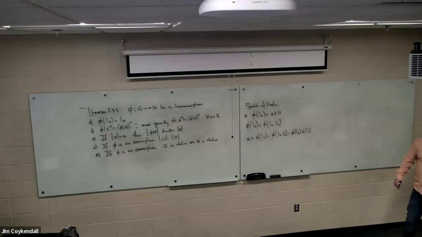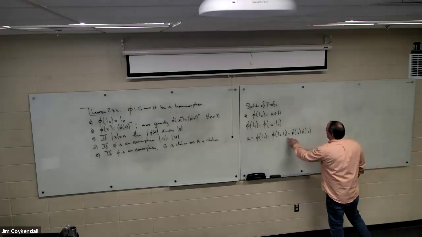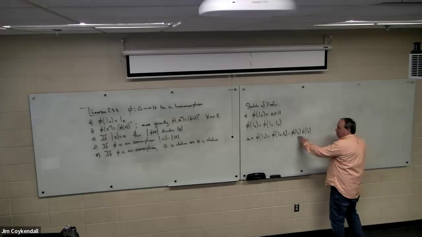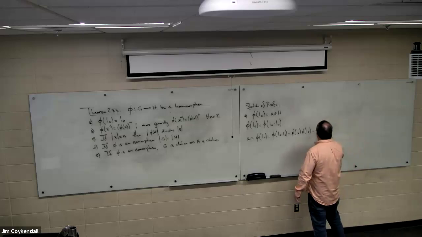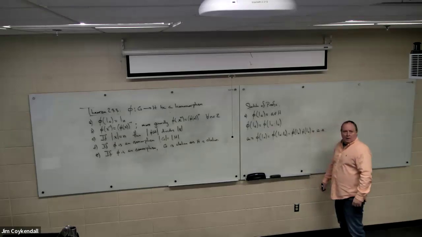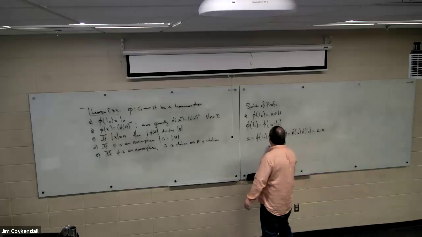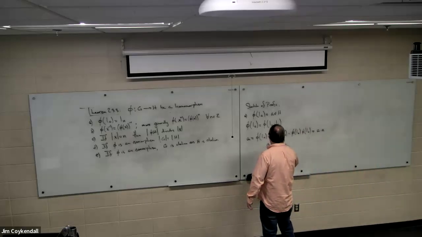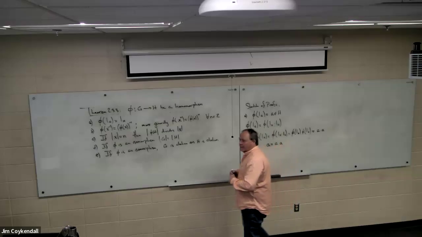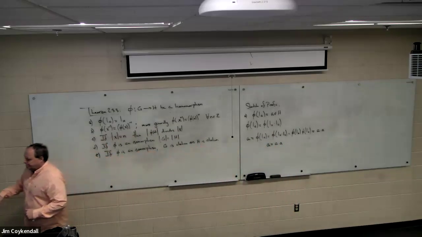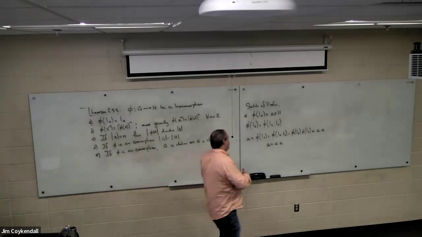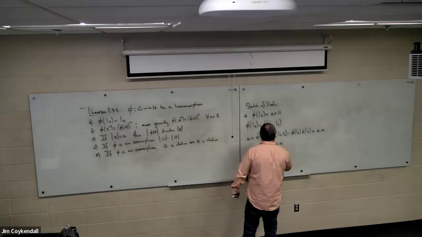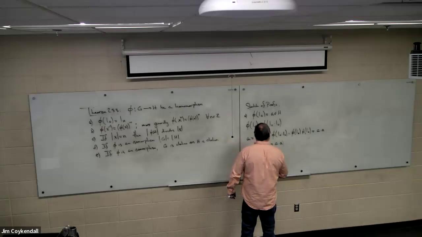That last step is because phi is a homomorphism, so I can break this up over the two elements here. And what is phi of 1G? It's A, and this is A. So I get the equation. And this is a group, so here's where I've got checkmate. I'm going to multiply on both sides, let's say on this side by A to the minus 1.